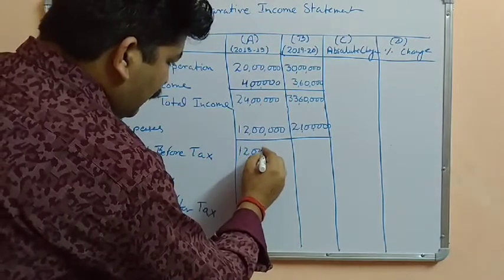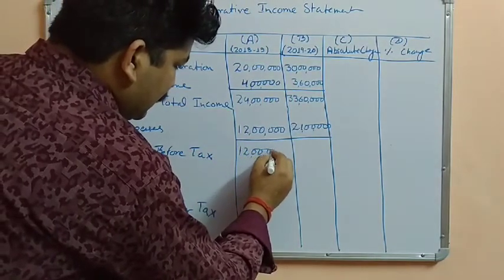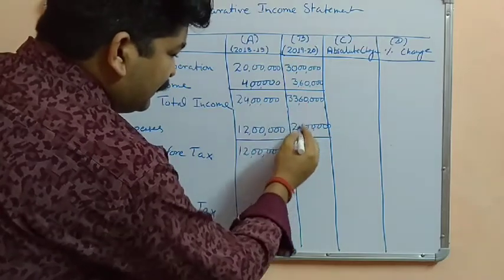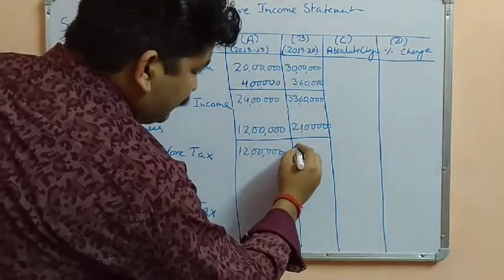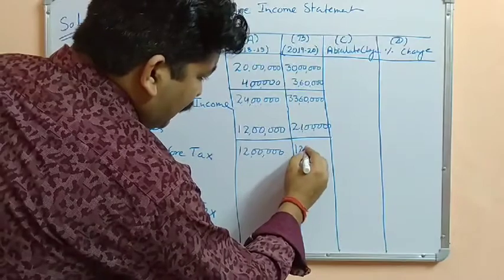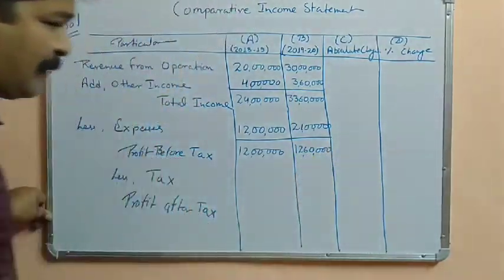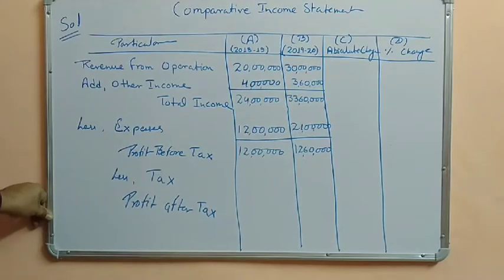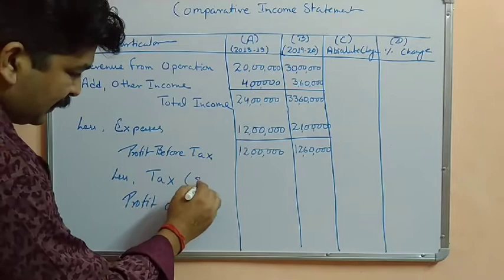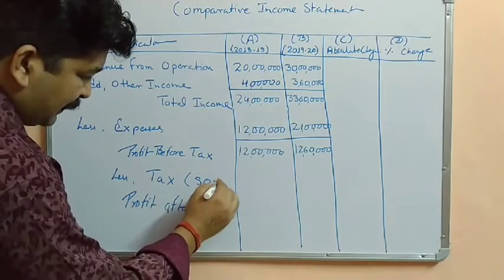Profit before tax is 12 lakh and here 12,60,000 respectively. Okay. Then tax, what is the rate? Tax rate is 50%, it is given in the question.